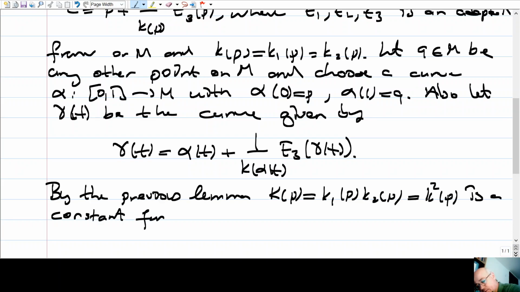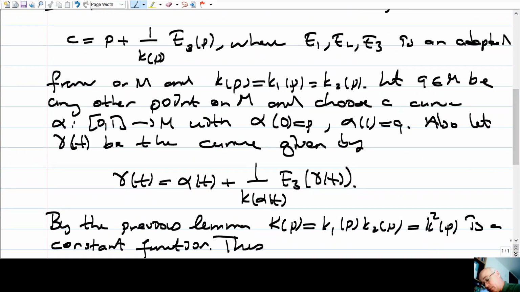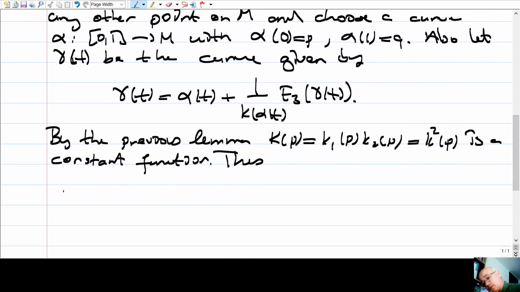Thus, if I take the derivative, this is equal to what? Alpha prime t plus, well, K is constant no matter what you put inside.